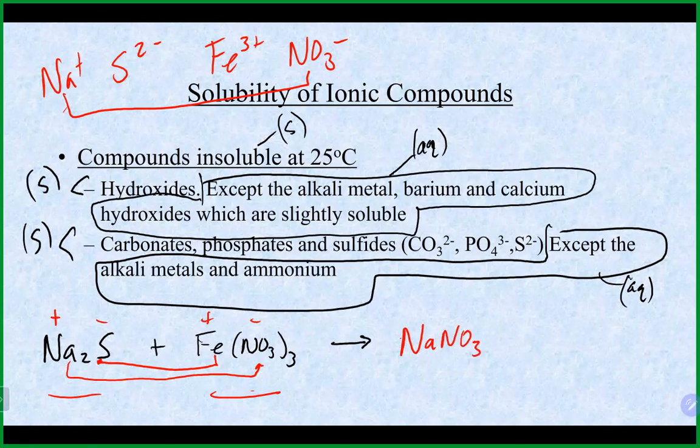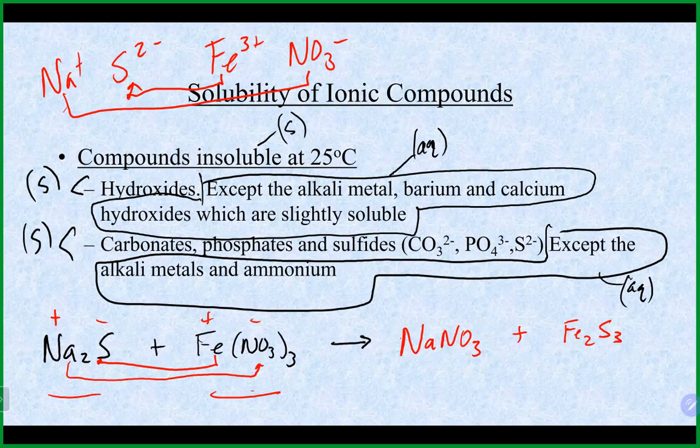And when I put my iron that's +3 together with my sulfur that's -2, the common number there is 6, which means the proper formula here should be Fe2S3 in this case.